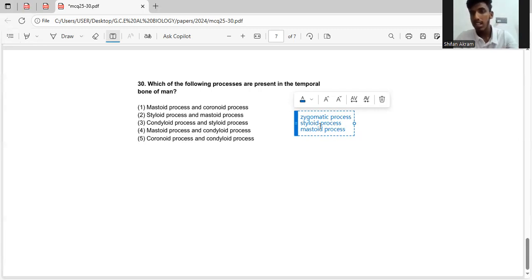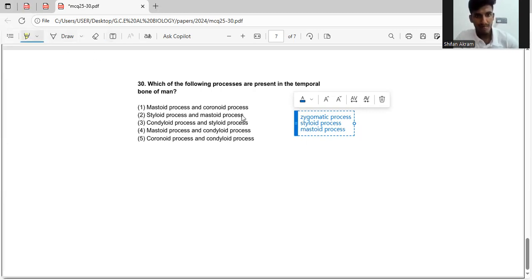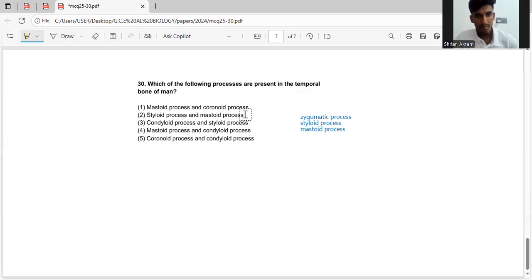Same with the styloid process, which is also found behind the ear. So these are the three processes present in the temporal bone. So it should be the second answer. So I'll highlight it.